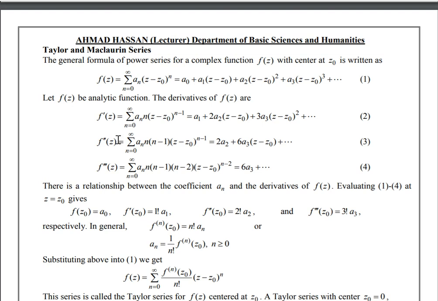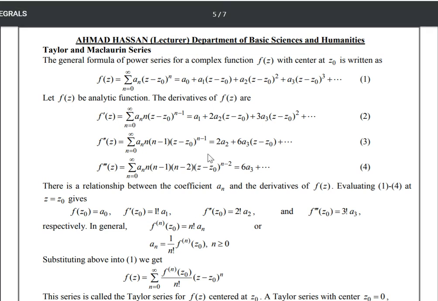Next, if I replace the first derivative at z₀, we have 1 times a₁. The second derivative in equation 3 at z₀ gives 2a₂. The third derivative at z₀ gives 6a₃, that is 3! a₃.